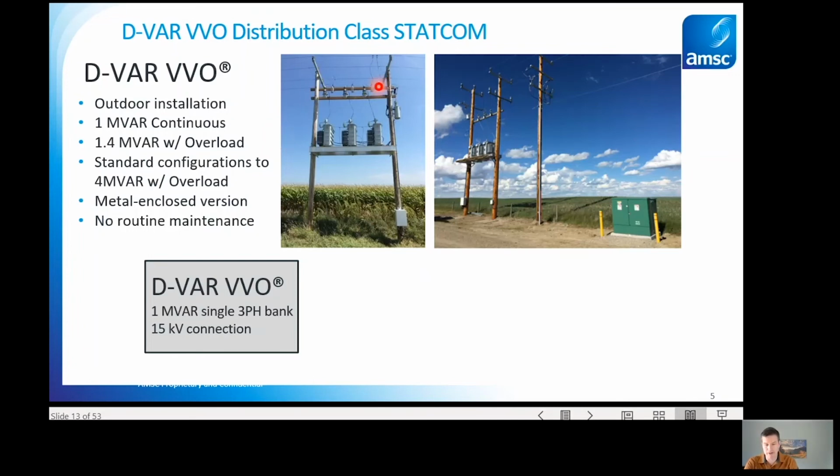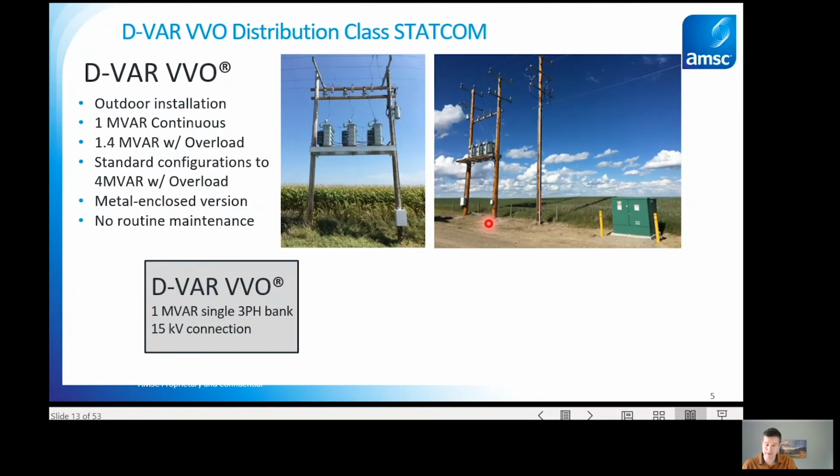What we show here is a STATCOM installed in a 15 kV overhead feeder. That STATCOM is installed in the existing utility right-of-way, so no land procurement, which is a key advantage in a lot of our projects. On the right, we're showing an installation in a 25 kV feeder, and that does require a step-up transformer to go along with that same H-frame structure that we use.